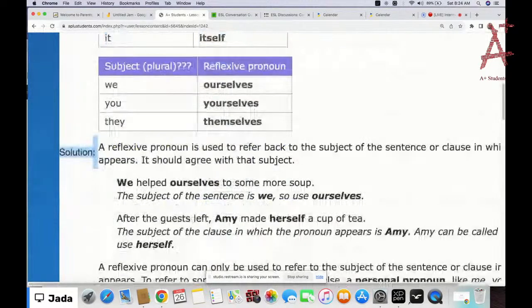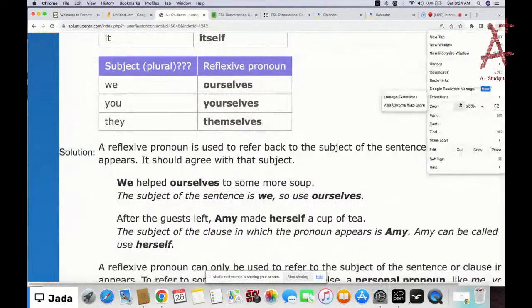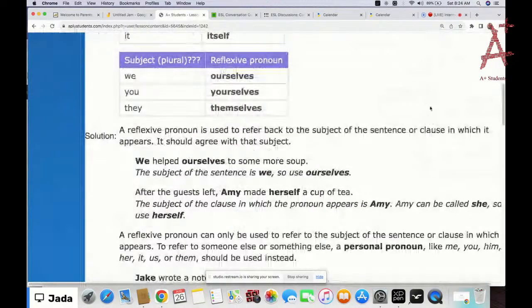A reflexive pronoun is used to refer back to the subject of the sentence or clause in which it appears, and it should agree with that subject. If it doesn't agree, the sentence is going to be wrong.